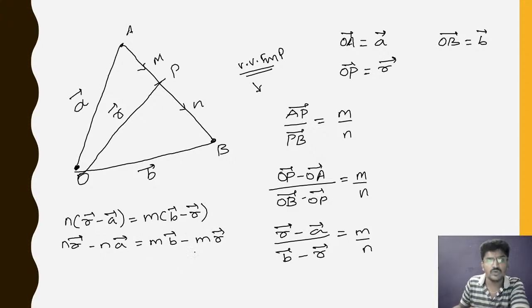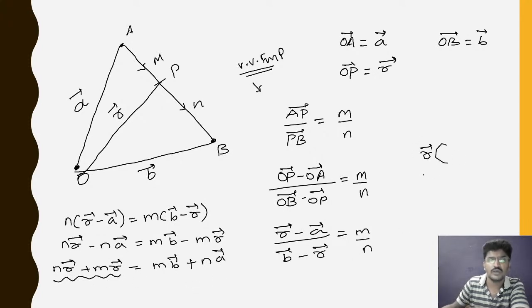Now what do we have to do? We have to take the R vector on the same side. What are you going to get? n vector R plus m vector R equal to m vector B plus n vector A. Here R vector is common, so take R vector as common.